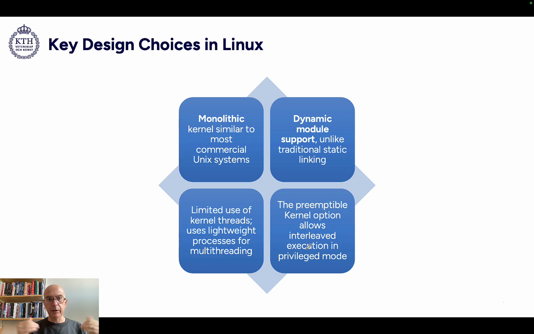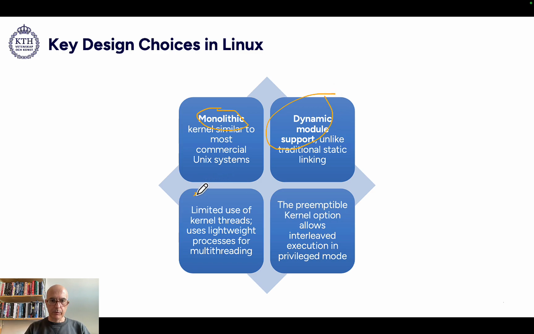There are key design choices that were made when designing Linux. The first one is that it is a monolithic kernel, similar to most commercial Unix systems. This is as opposed to the microkernel design choice, where the microkernel only supports and designs basic features for the operating system. A second important feature of Linux is dynamic module support, unlike traditional static linking.